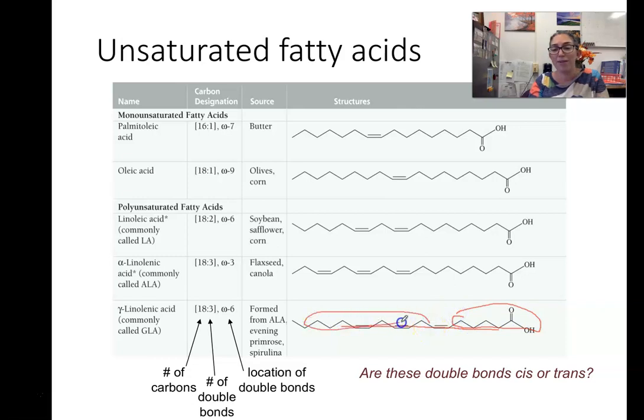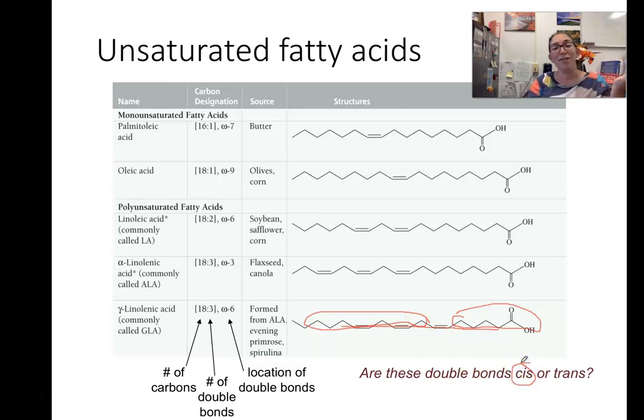For this double bond on the right, both of the groups are above. In all of these, that's the case. All of the groups are above on the same side of the double bond. So these are all cis double bonds.